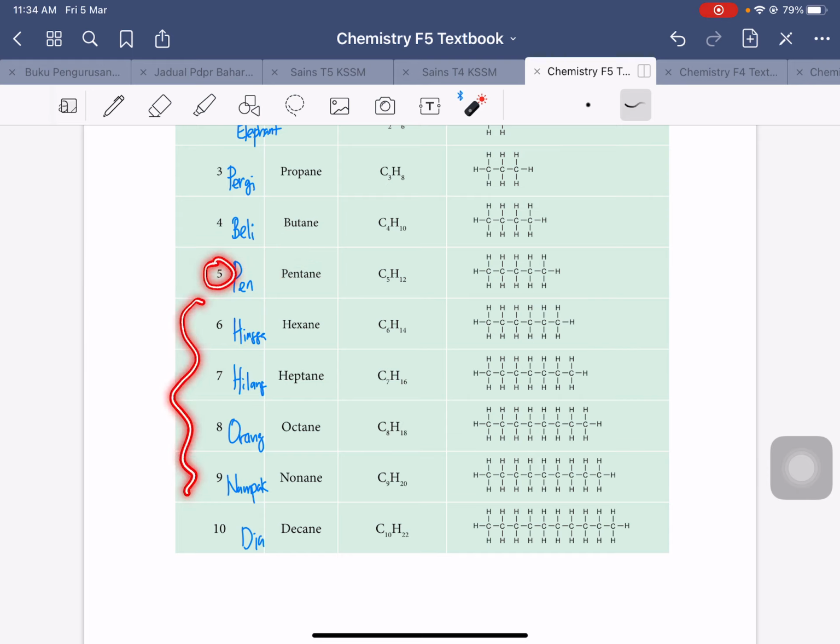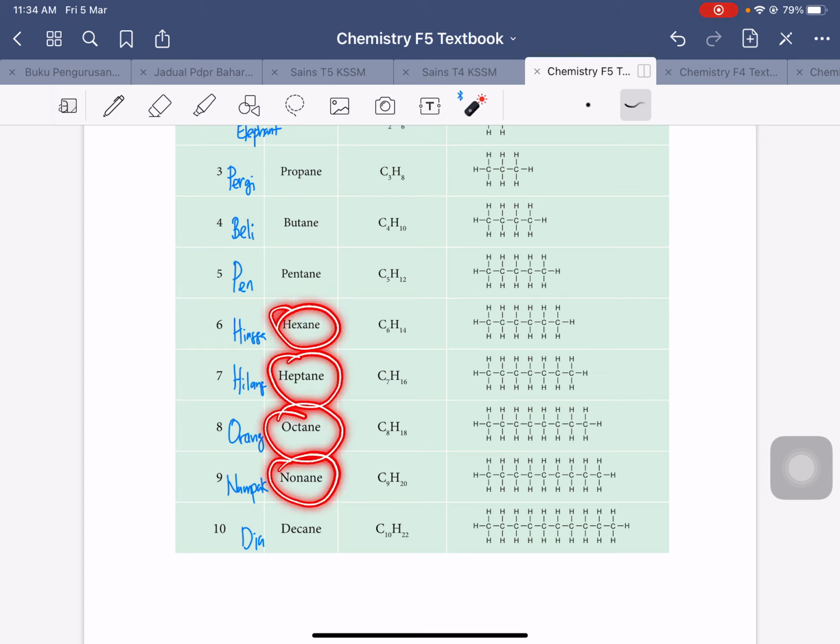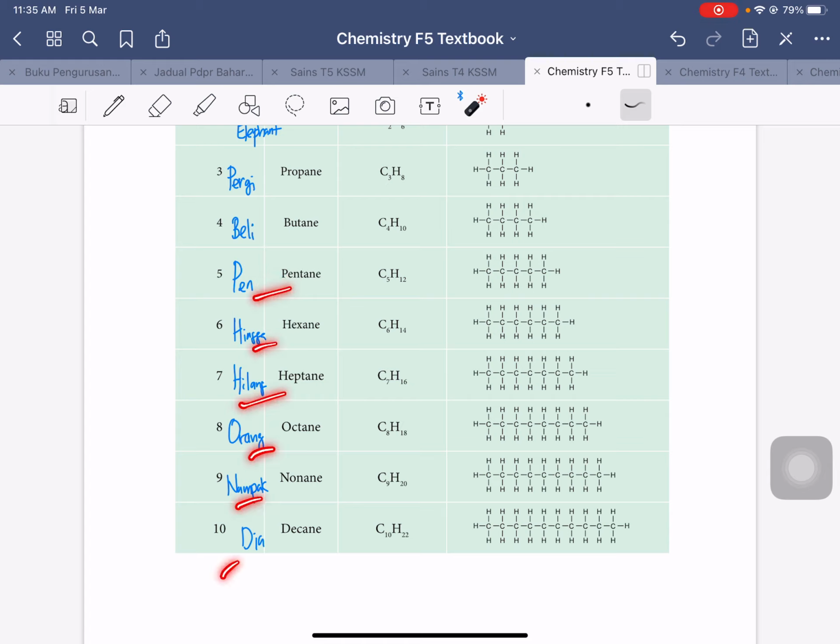So the next after pentagon, kamu tahu kan, hexagon, heptagon, octagon, nonagon, decagon. So all of that actually can represent the number of carbon atoms also. So the 5, 6, 7, 8, 9, 10, you don't want to use pen hingga hilang orang nampak dia pun okay. You use the polygon punya sisi.